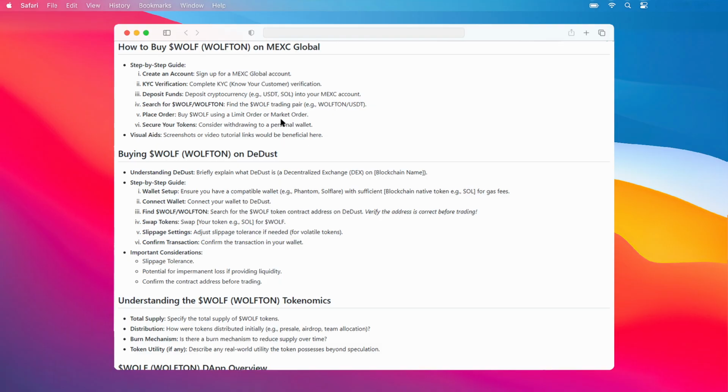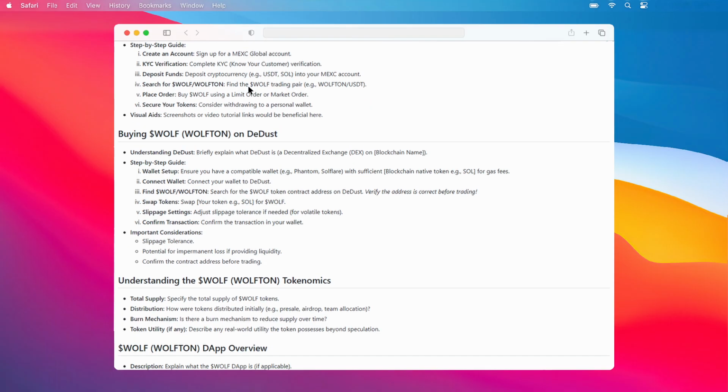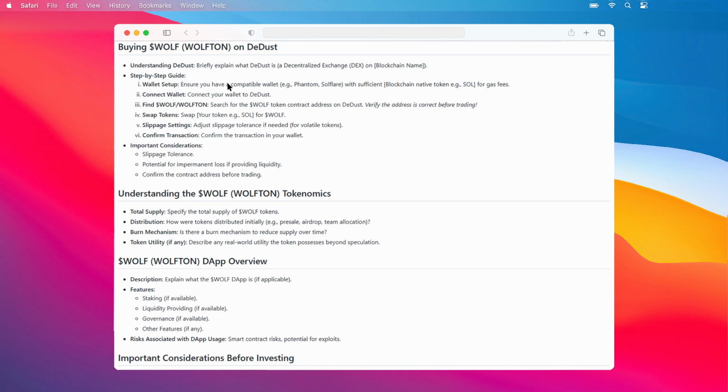Then, search for the $WLF token using its contract address on DeDust, and always verify that you're using the correct address before proceeding. Once you've found the correct token, you can swap your tokens, such as SOL, for $WLF. Depending on the token's volatility, you might need to adjust your slippage tolerance. Finally, confirm the transaction within your wallet to complete the swap.